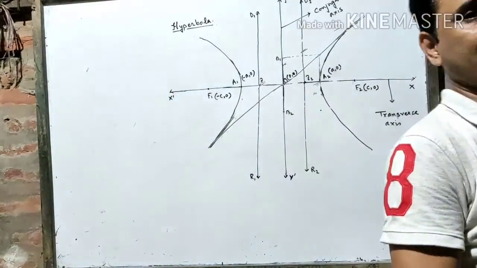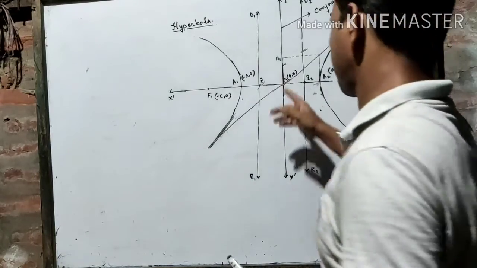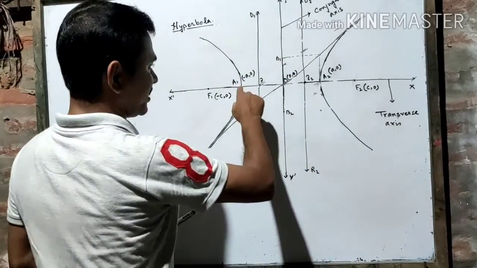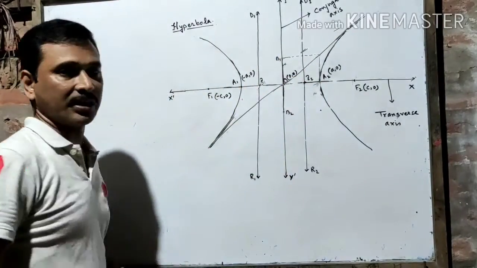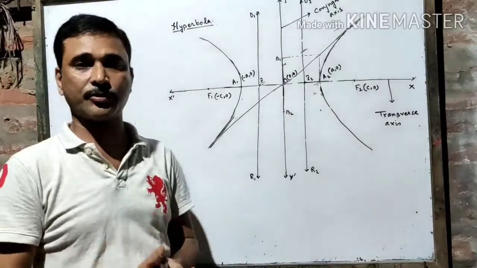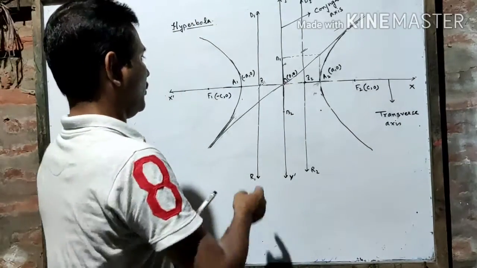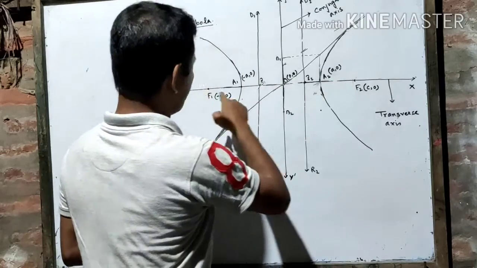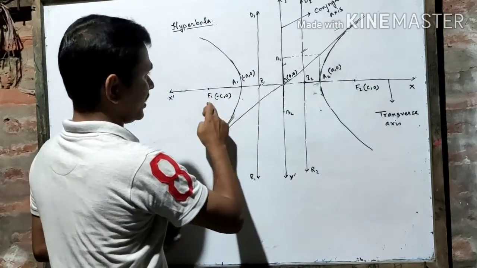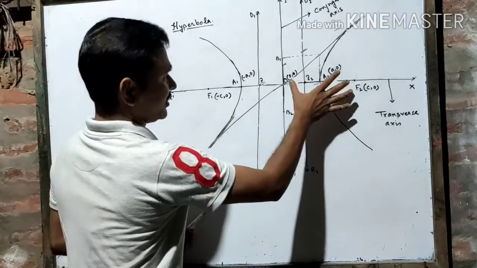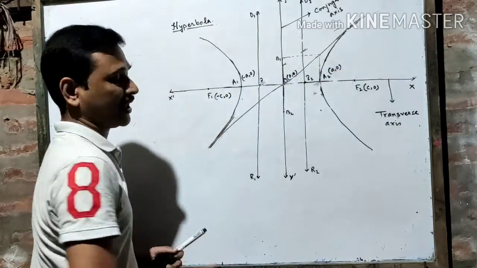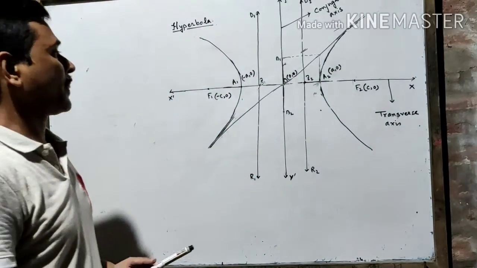So the length of the conjugate axis is twice b. The length of the transverse axis is twice a, the length of the conjugate axis is twice b. What is this length? The distance between the two foci, F1F2, is twice c. This part is c, this part is c, and the total is twice c.